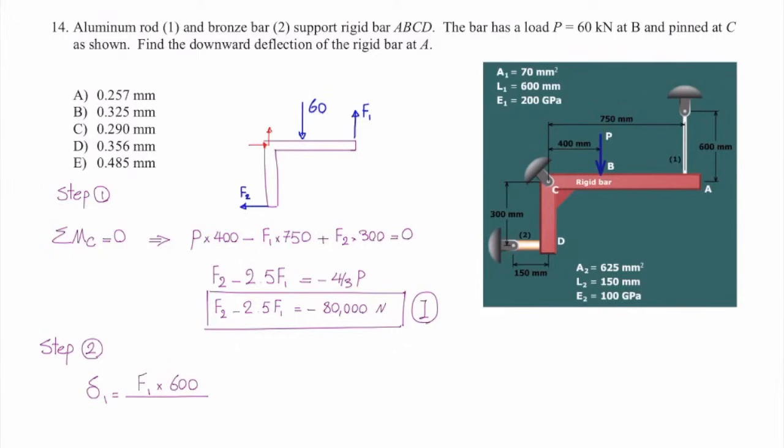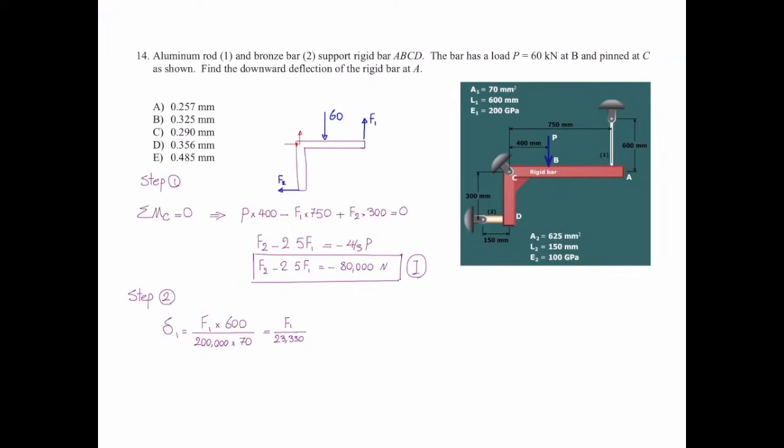So I will write it like this, 200,000 megapascal and the area is 7T squared millimeter. So that gives me F1 divided by 23,330. Okay? Similar to that, I will write down delta 2. Here I don't have any thermal effect.